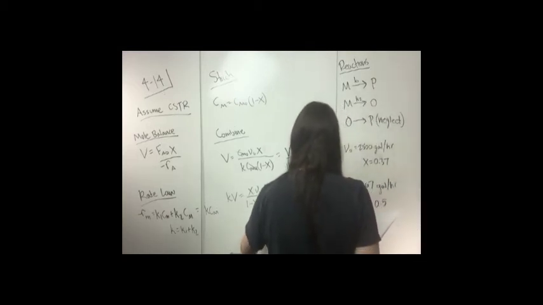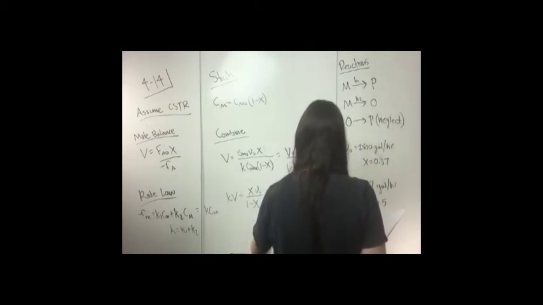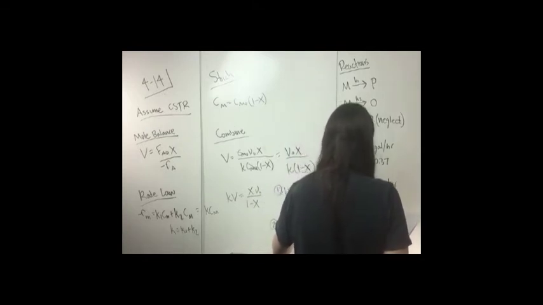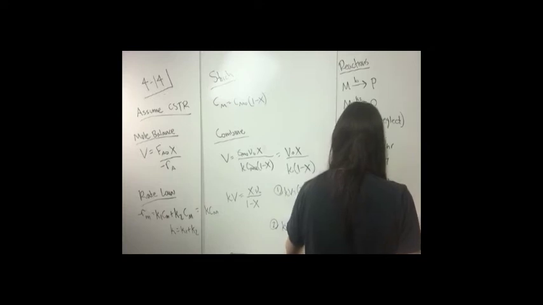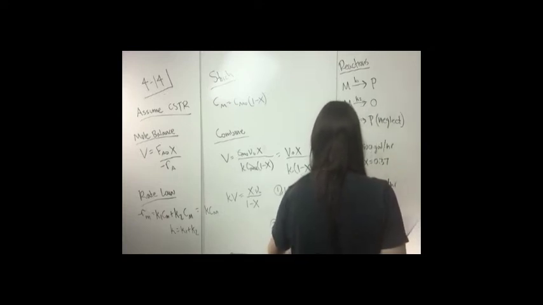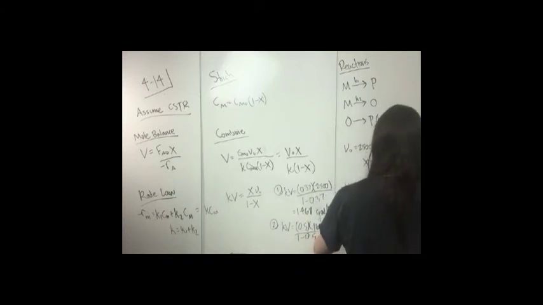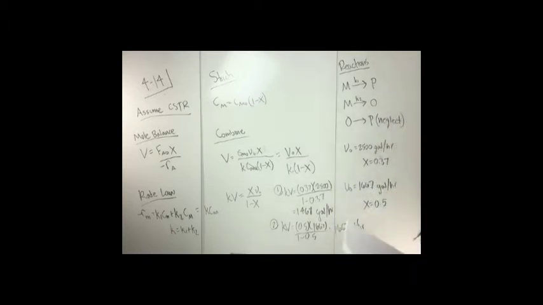And then for number 2, we have that Kv is equal to 0.5 multiplied by 1667 over 1 minus 0.5, and that's equal to 1667 gallons per hour. So we know it's not a CSTR because these aren't equal.